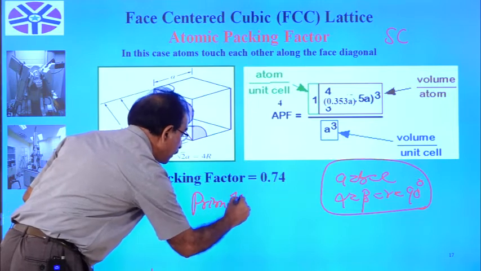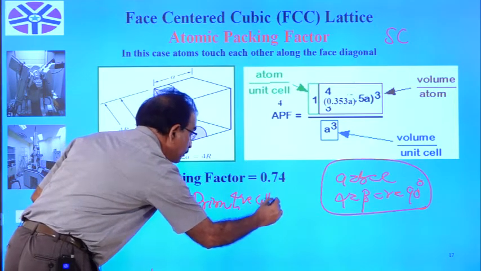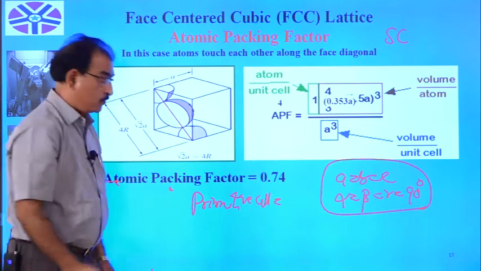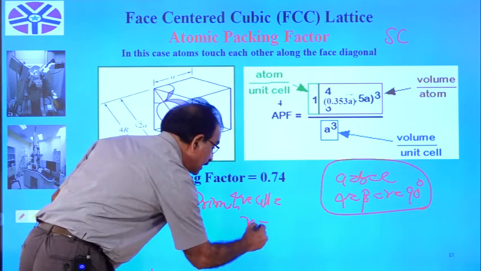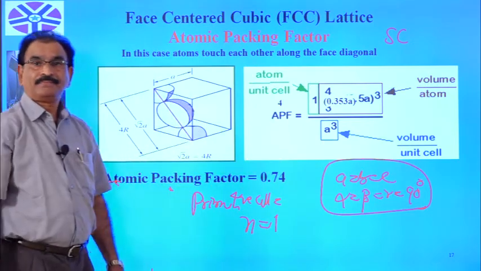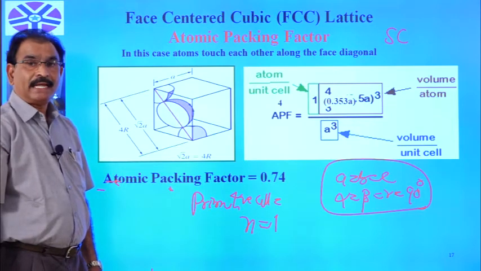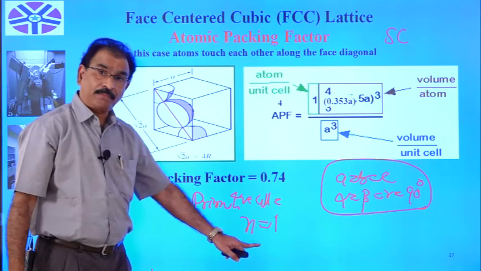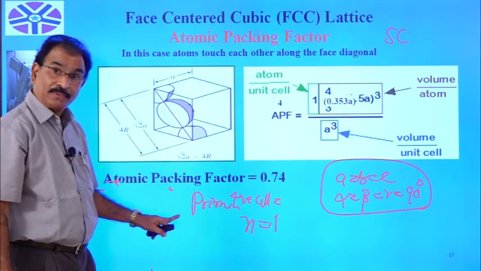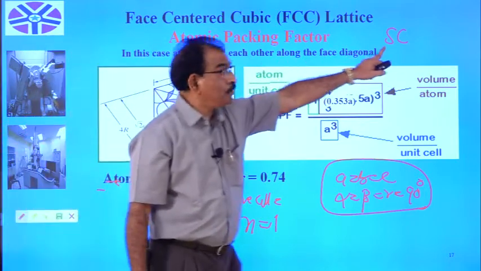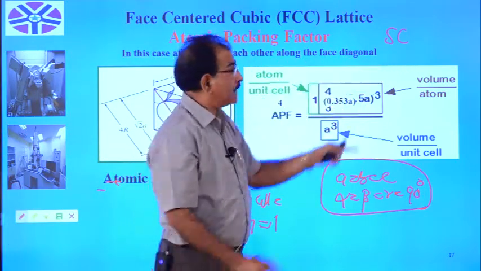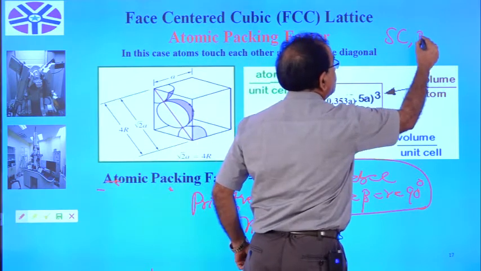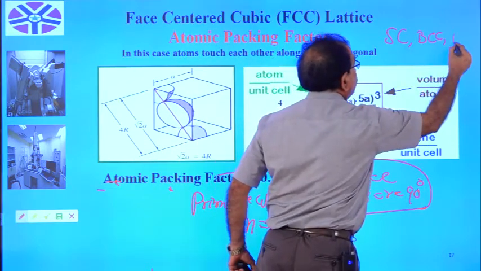Primitive cell means which has effective number of points n equal to 1. So, any lattice having effective number of points 1 is called a primitive cell. So, simple cube belongs to primitive cell and we have BCC and FCC.